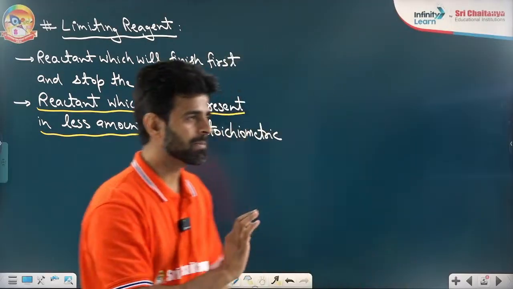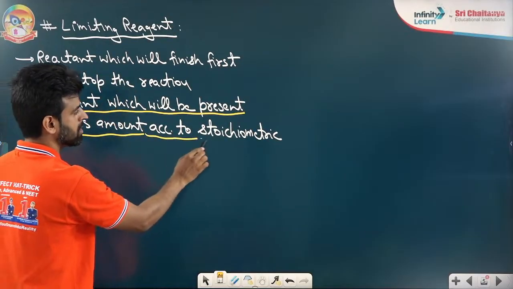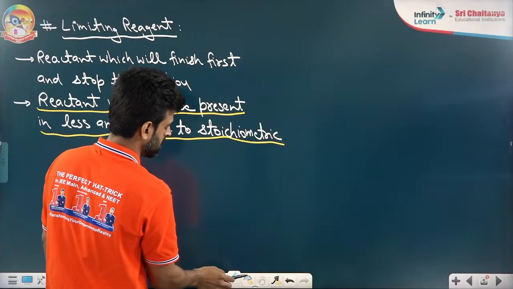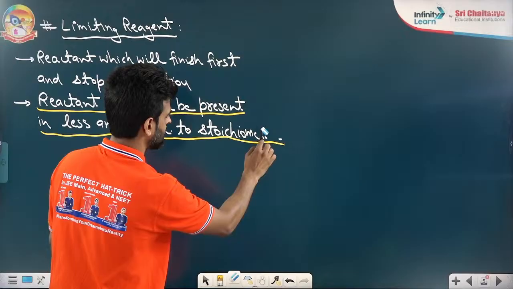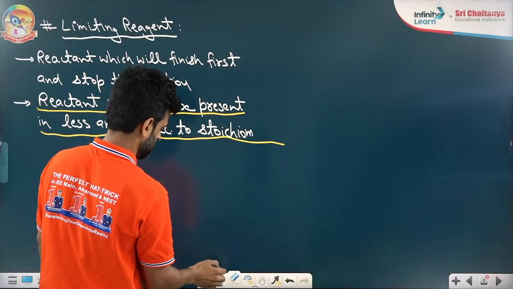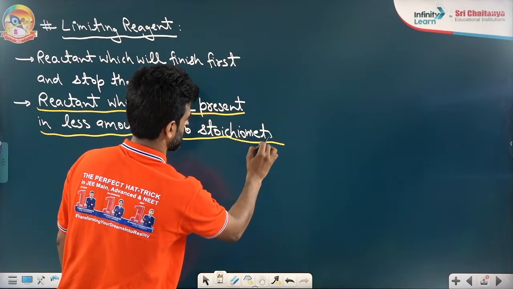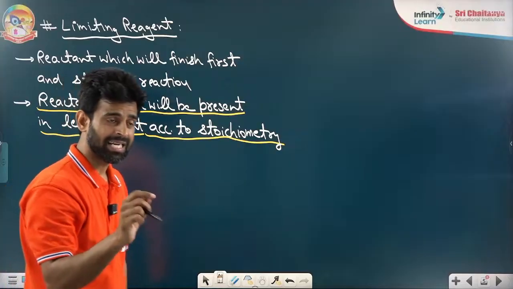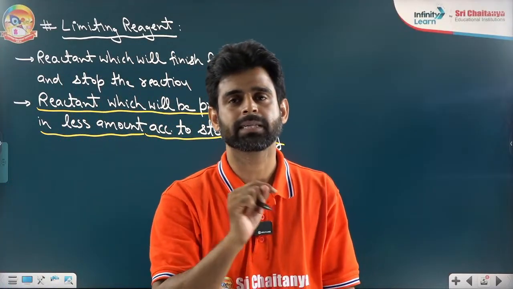We have to write completely: the reactant which is present in less amount according to what? According to stoichiometry. Otherwise, this will not be clear. That reactant which is present in less amount according to stoichiometry is the limiting reactant, right?